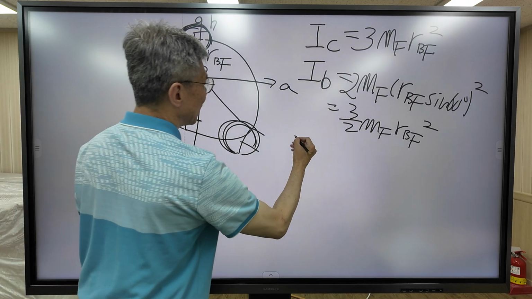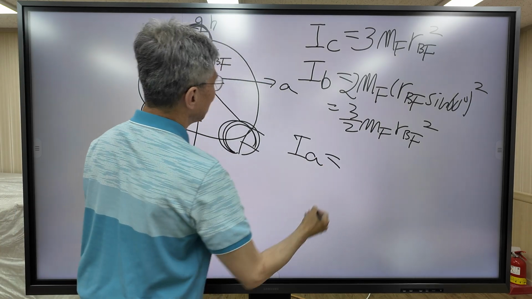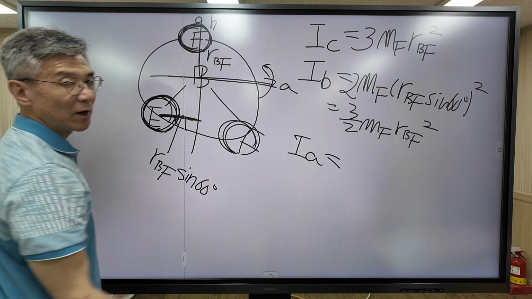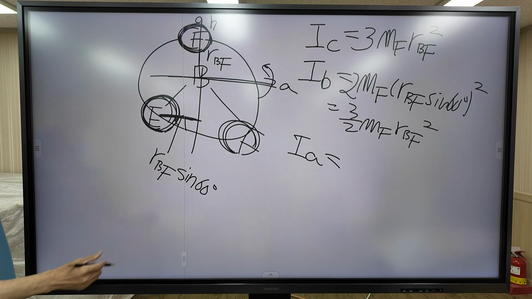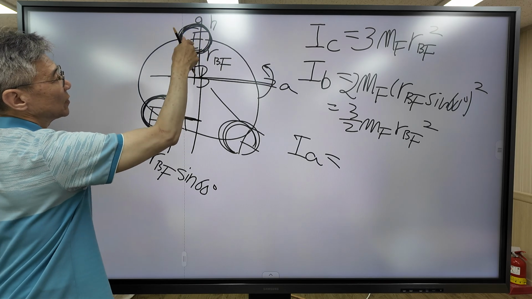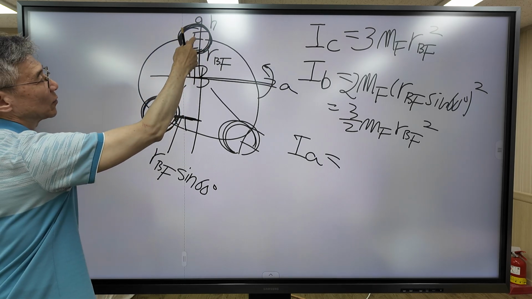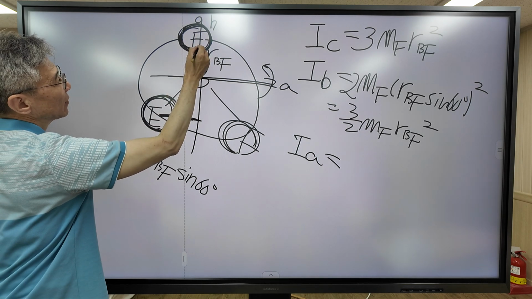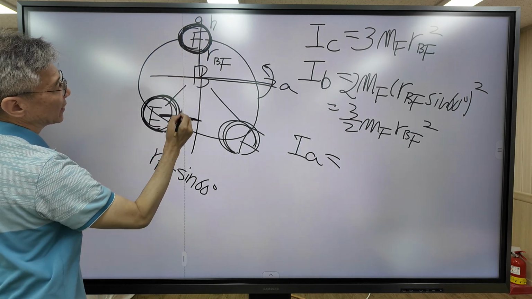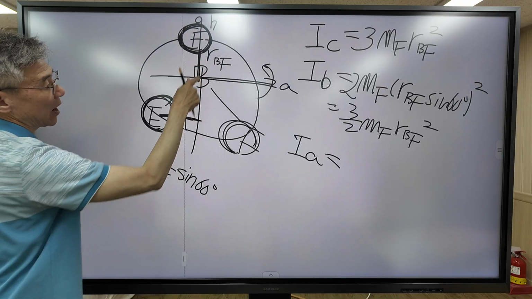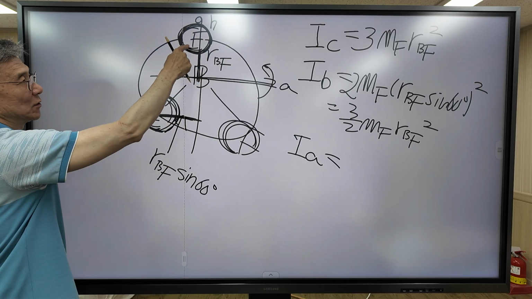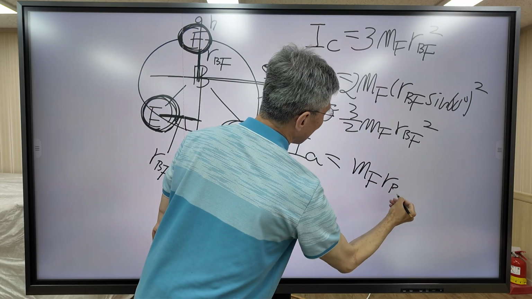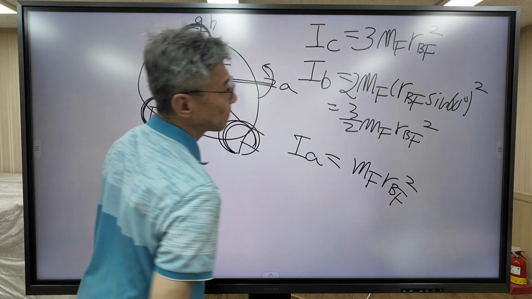Finally, I'm going to calculate IA. When the molecule rotates about this axis, first I'm going to calculate the contribution due to this fluorine atom. It rotates about the A axis with a perpendicular distance RBF, so the contribution is mF RBF square.